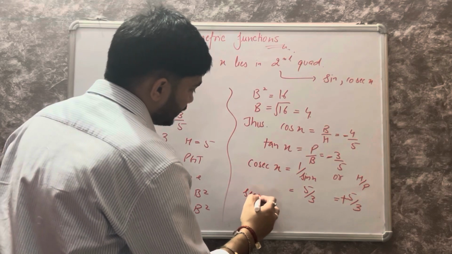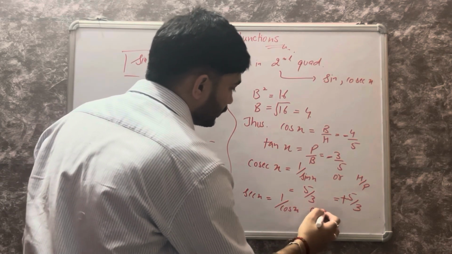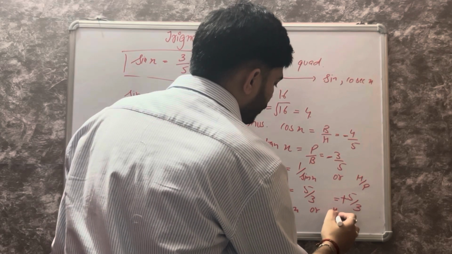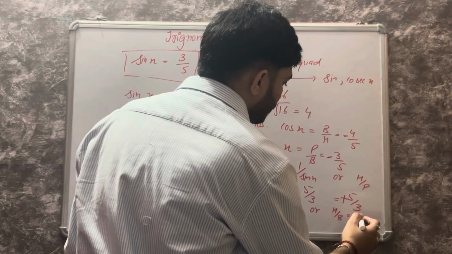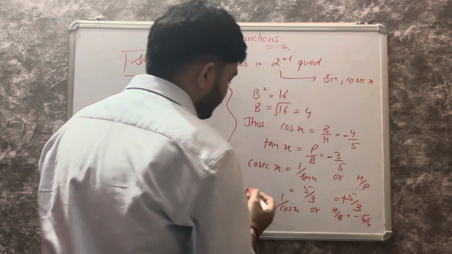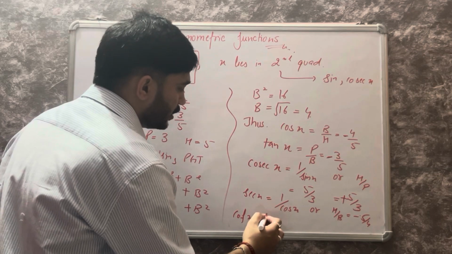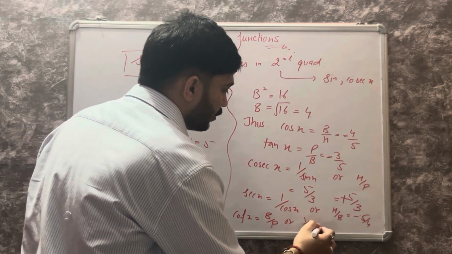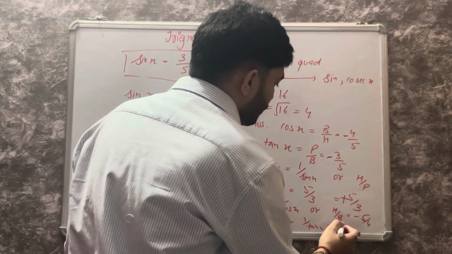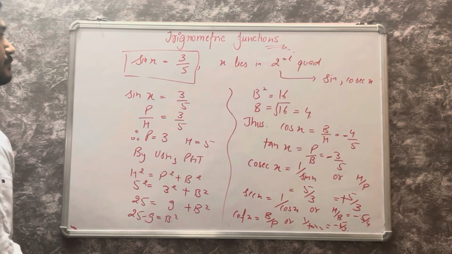Now sec x is equal to 1 upon cos x, or hypotenuse upon base. So what will be its value? Minus 5 upon 4. Now similarly, cot x is equal to what? Either base upon perpendicular or 1 upon tan x. So the value will come minus 5 by 3. Any doubts?